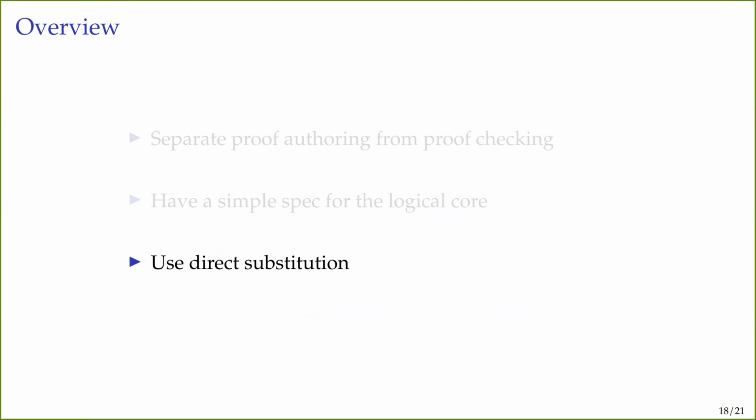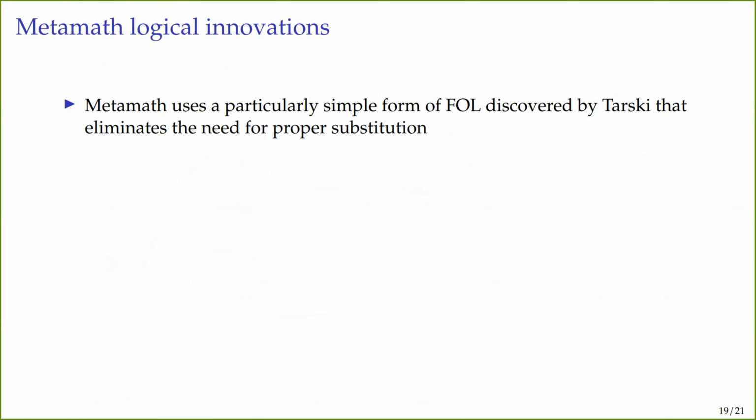Yeah, so there's another point which I probably won't spend too long on, which is that Metamath uses a sort of simple form of first-order logic, which was discovered by Tarski, which eliminates the need for proper substitution.